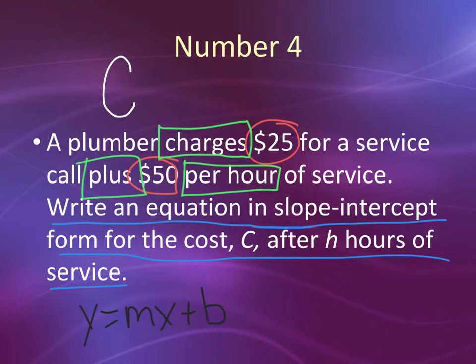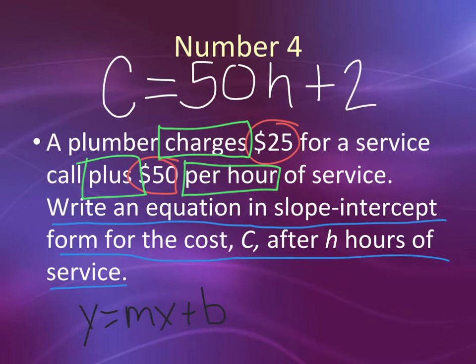So the total is going to be the cost. Our slope-intercept is going to be, so we're looking for the slope, which is going to be $50 per hour. Oh, let's make it the hour instead of X. Let's keep it how it's asking us. And that he charged a flat $25 fee for a service call. So that means if he just comes out and looks at it, he's going to charge you $25, and then for every hour he works, he's going to charge you another $50.